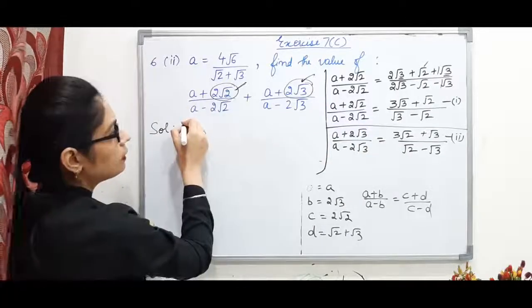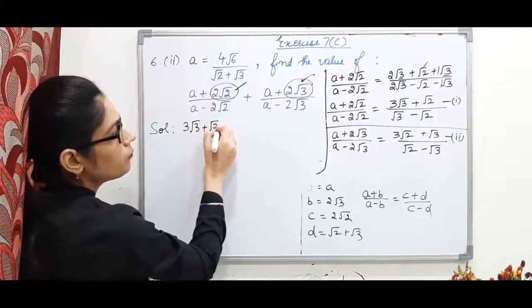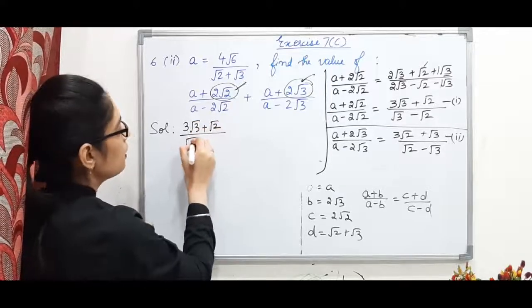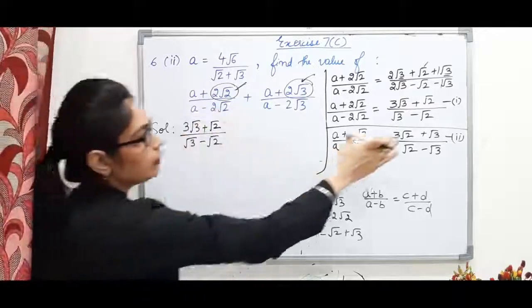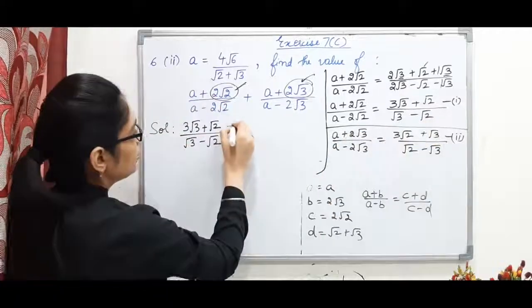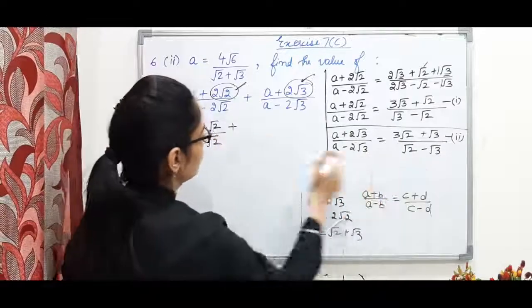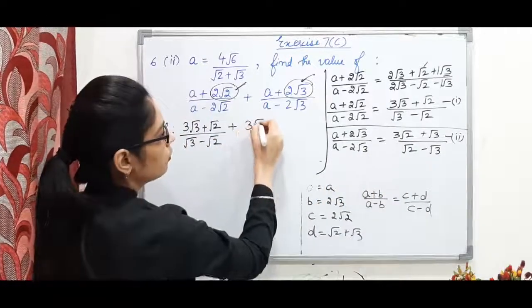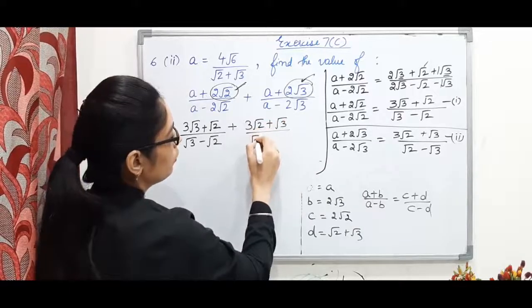I will just write its value, 3 root 3 plus root 2 by root 3 minus root 2. In place of this, I have written its value. Plus, now in place of this, its value is this, so I will write its value 3 root 2 plus root 3 upon root 2 minus root 3.